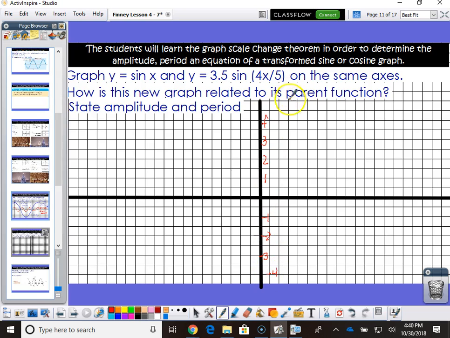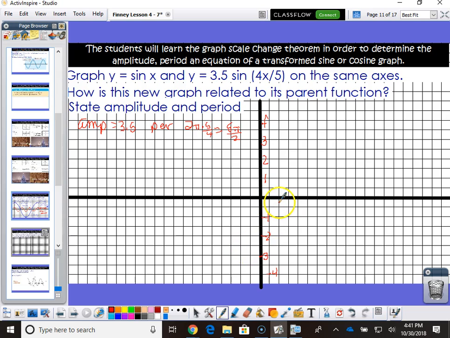And then my period is going to be 2 pi. So my amplitude, I know my amplitude is going to be 3.5. And the period is going to be 2 pi times 5 divided by 4, which means it's going to be 5 pi over 2. So I'm just going to count like I did last time.